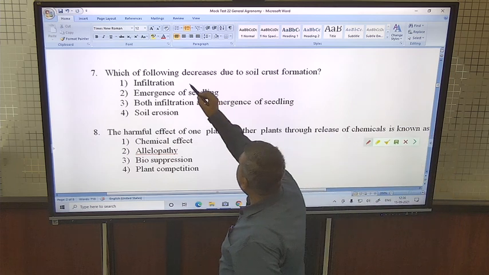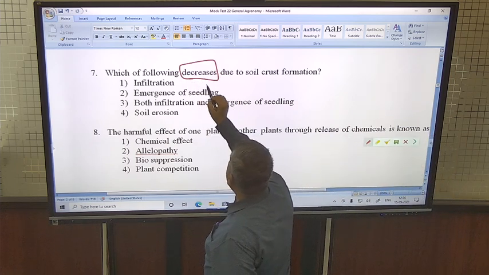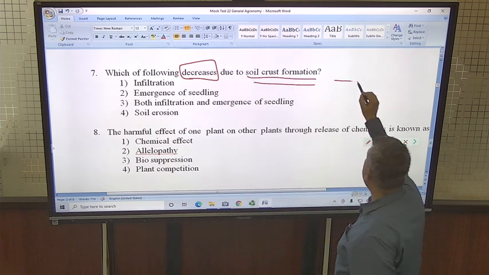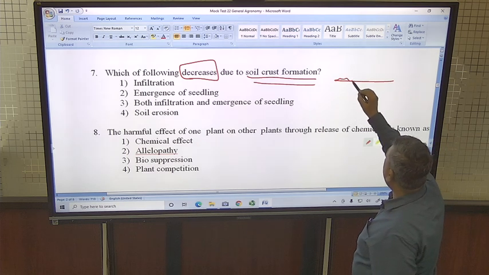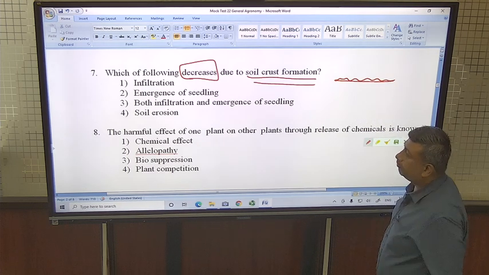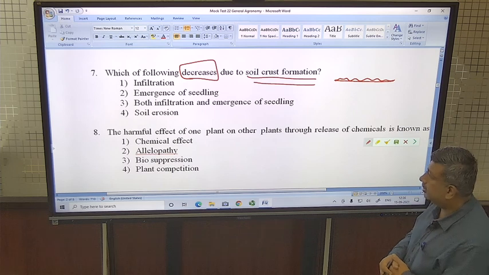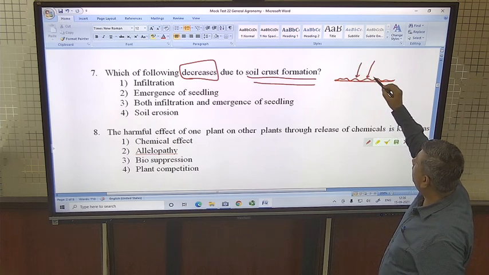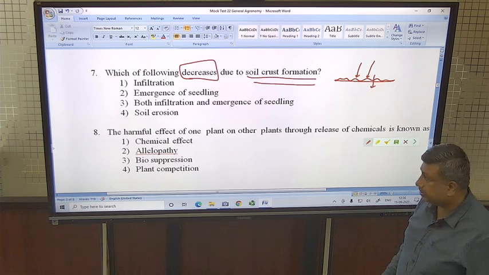Which of the following decreases due to soil crust formation? Suppose soil is there and a crust is formed over it, then what is reduced? With a crust, water definitely does not infiltrate easily, this is the problem.